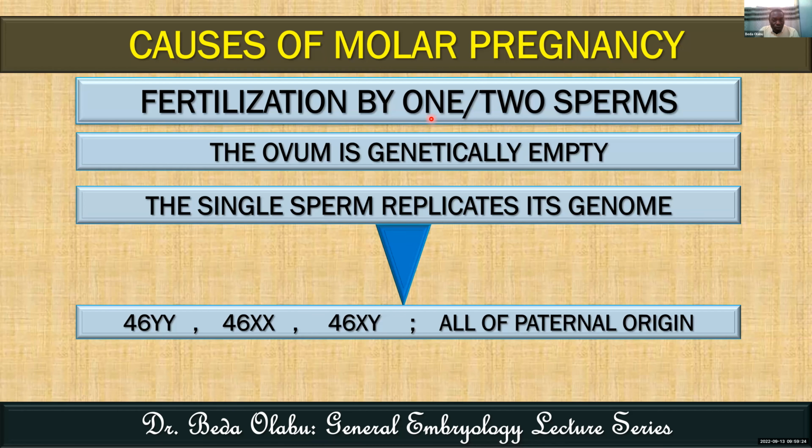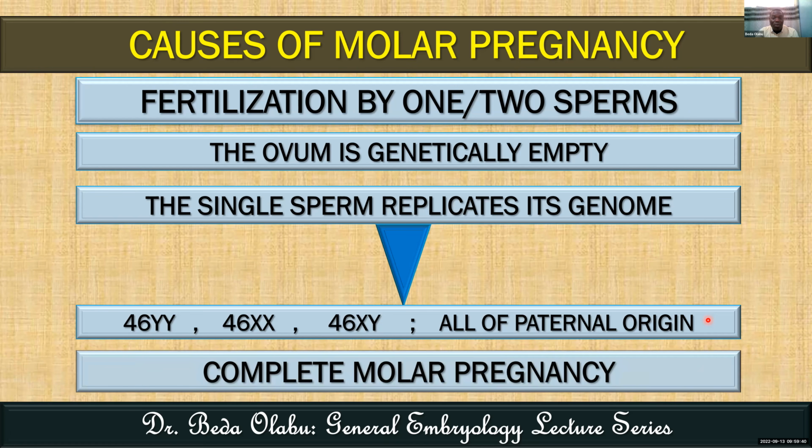It might appear normal, but the abnormal thing about it is that everything is of paternal origin. There's no maternal genome in this particular zygote. This type of pregnancy is the one that gives complete molar pregnancy. In complete molar pregnancy, there are no fetal parts. So it's just placental tissue only, no embryonic parts.